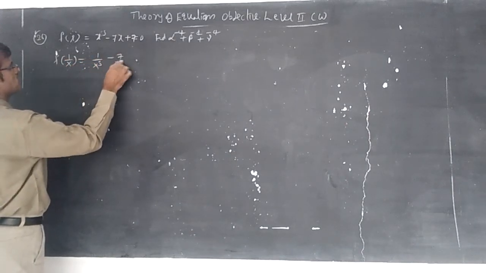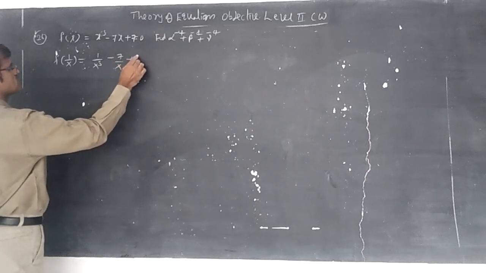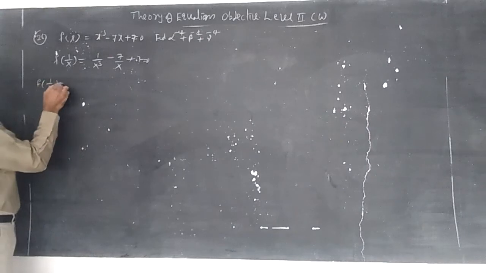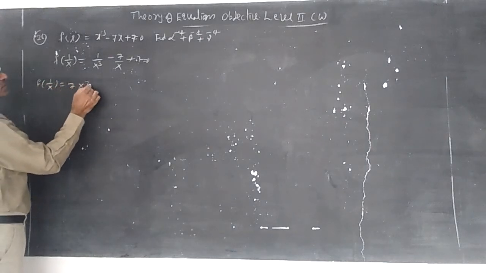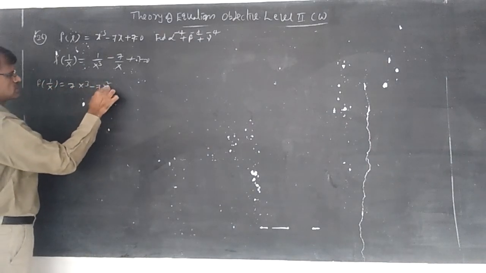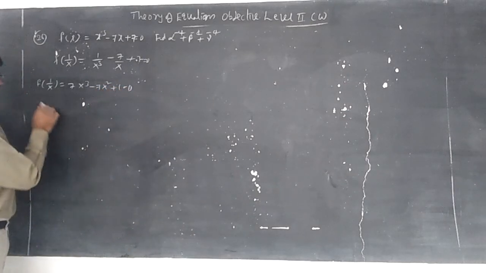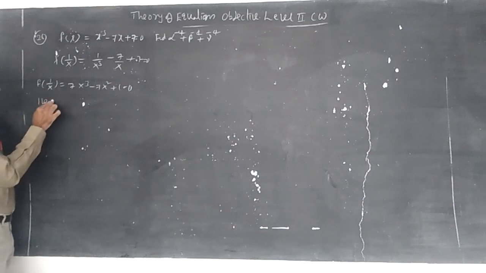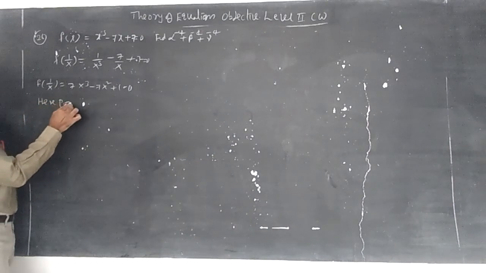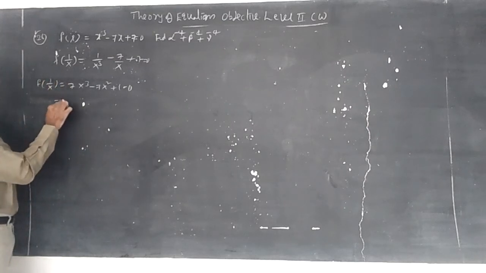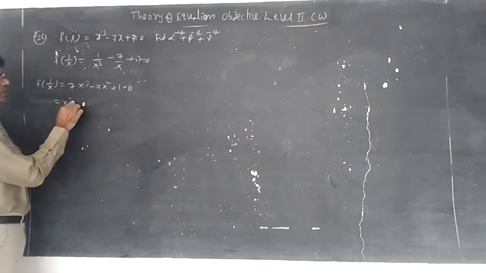So 1 by x cube minus 7 by x plus 7 equal to 0. So f of 1 by x equal to 7x cube minus 7x square plus 1 equal to 0. Better to standardize it.